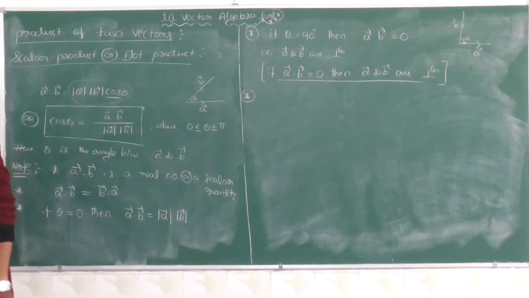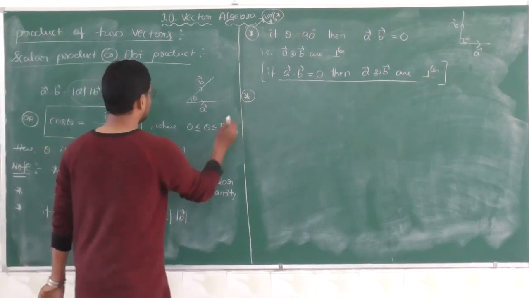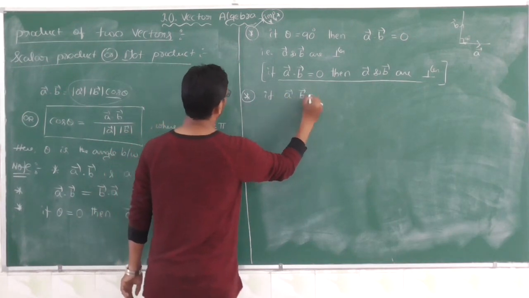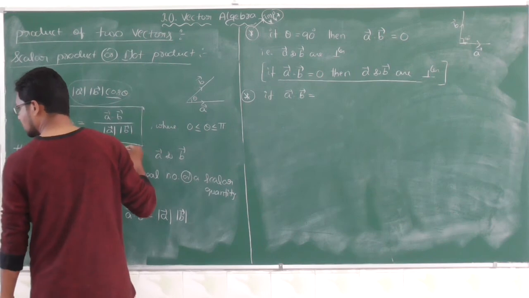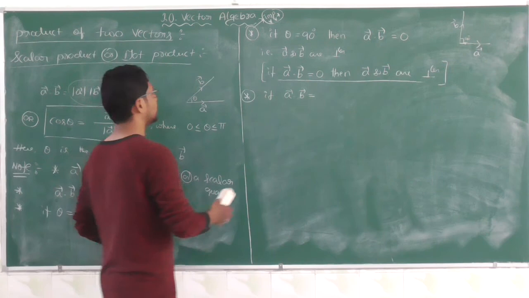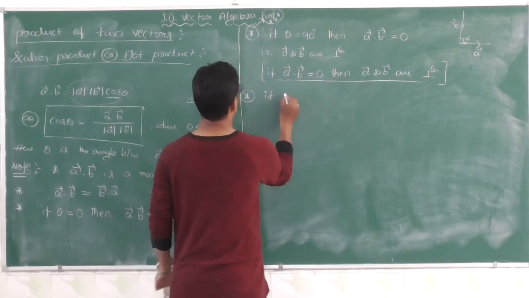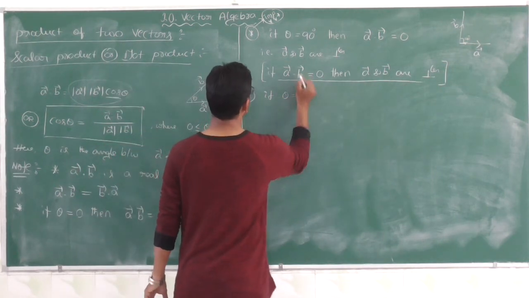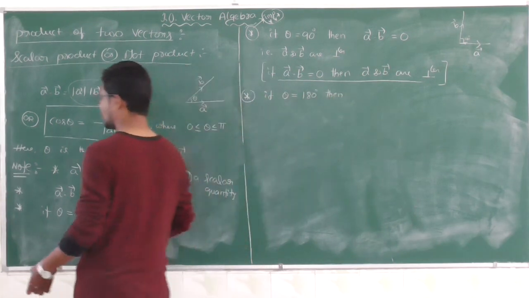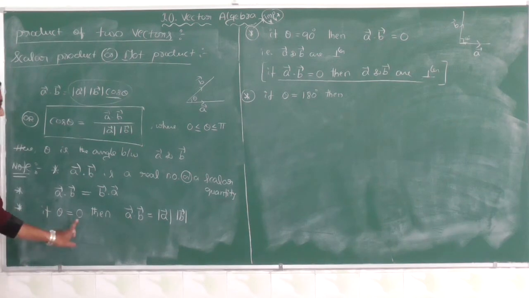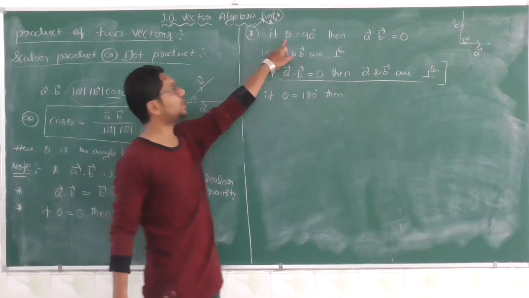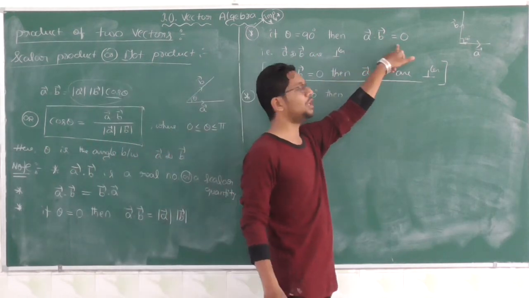Next point. If theta equals 180 degrees. We saw that if theta is 0, A dot B equals magnitude A, magnitude B. If theta is 90, then A dot B equals 0.